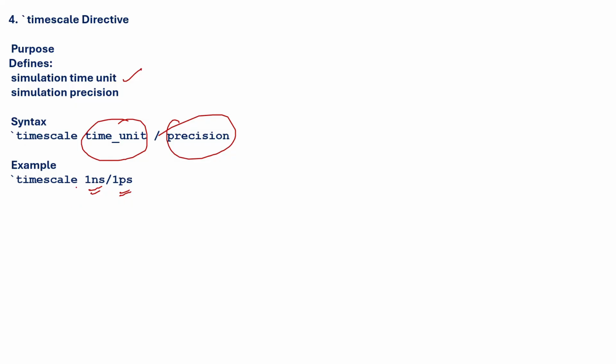So whatever time unit we have, suppose #10 you are taking, that will be exactly considered. Sometimes 10 nanoseconds by 1 picosecond, 100 nanoseconds by 1 picosecond, 1 nanosecond by 10 picoseconds, or 1 nanosecond by 100 picoseconds.